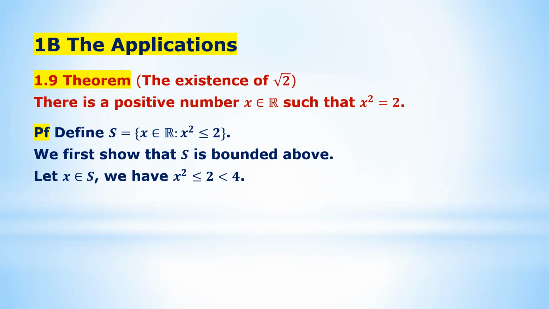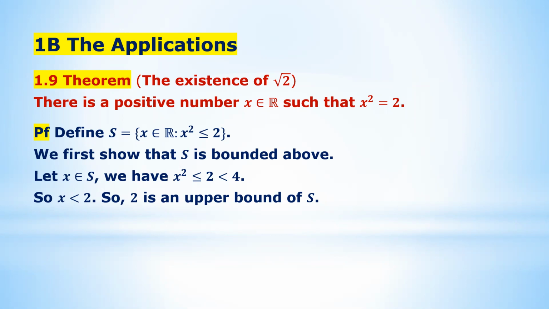Thinking about x squared less than 4, and then you take a square root on both sides, you'll get x is less than 2. So what this means is that we have a set S, and 2 turns out to be an upper bound of S. So you can conclude that this S is bounded above.